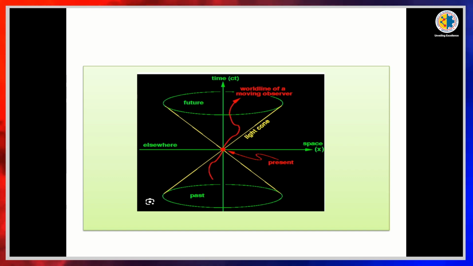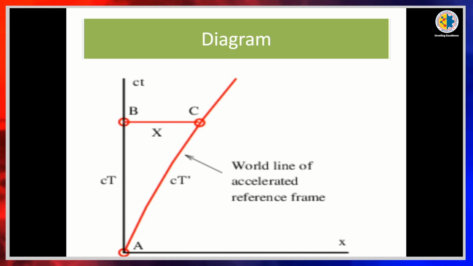There are two axes here: one is the space direction, another is the time direction. In the accelerated frame, the time axis is bent, and the first straight imaginary axis is symbolized by CT, and the other is CT'.